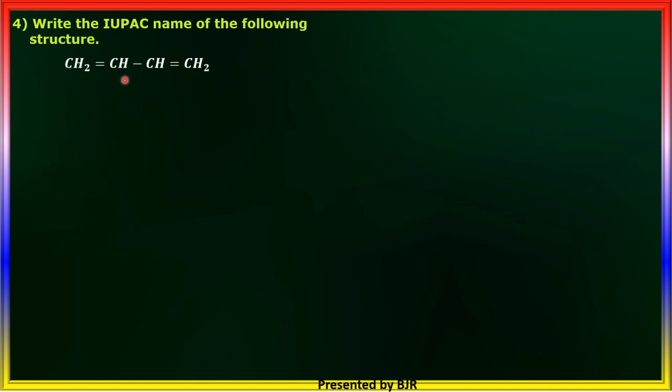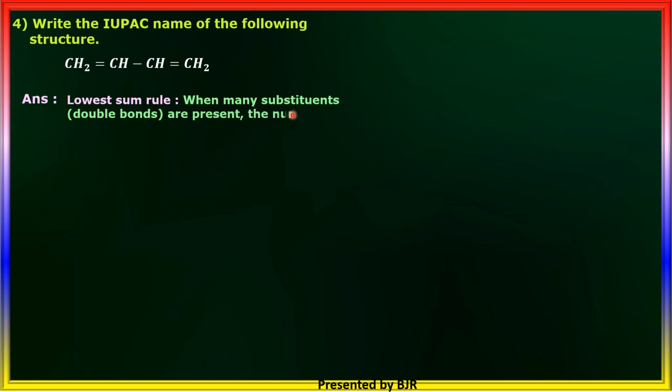Here is problem number 4. Write the IUPAC name of the following structure: CH2 double bond CH, single bond, CH double bond CH2. So in this organic structure, 2 double bonds are there. Now, we have to follow the lowest sum rule.